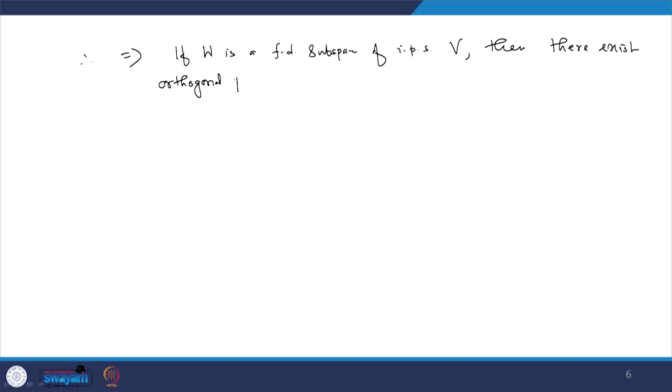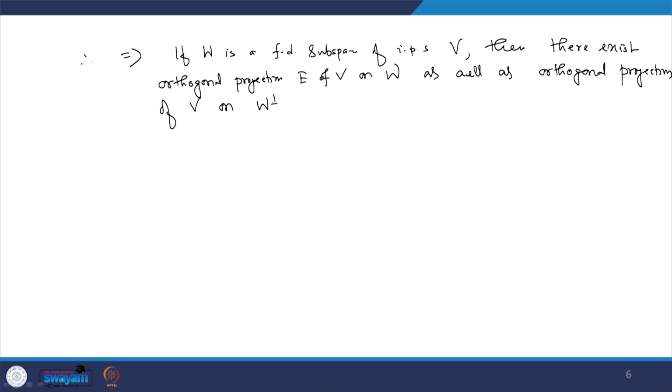So, if W is a finite dimensional subspace of inner product space V, then there exists an orthogonal projection E of V on W as well as an orthogonal projection of V on W complement, the orthogonal complement.